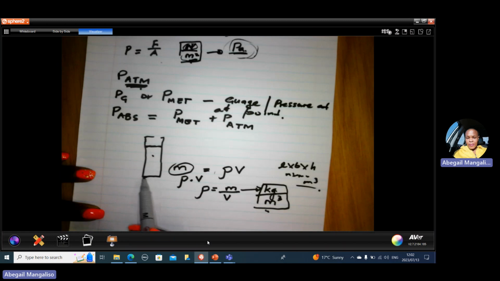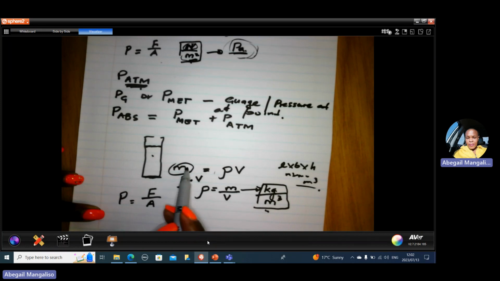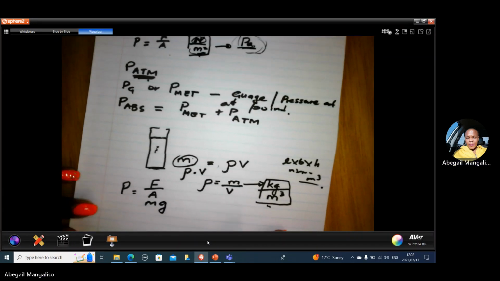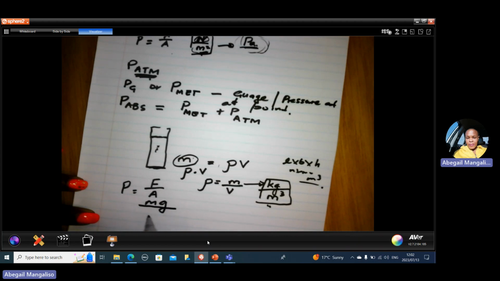Now, for the pressure that is exerted by this liquid, the general formula of pressure is force divided by area, in newtons per square meter. The force is given by the mass of the liquid, m, multiplied by the gravitational acceleration, divided by an area.